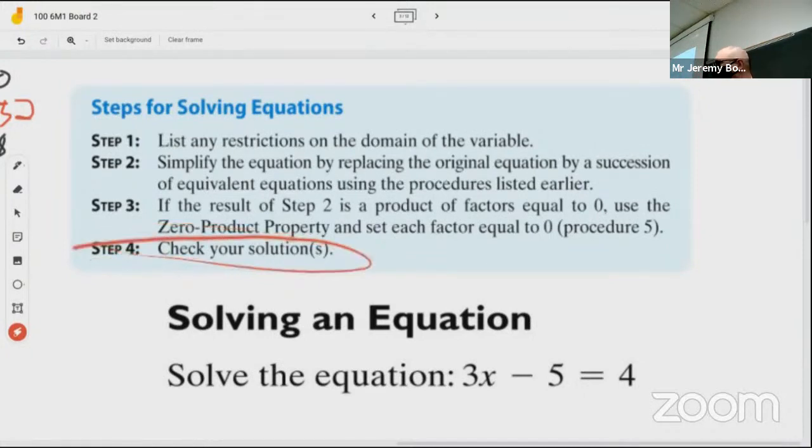And step 4, check your solutions. How do we check our solutions when we solve an equation? We plug it into what? The original equation. Go all the way back. That'll also help with the domain stuff, because if you get a problem when you're doing that, you'll probably say, oh, well, looks like we have a domain issue. So it's a good idea to do that. Check your solutions.